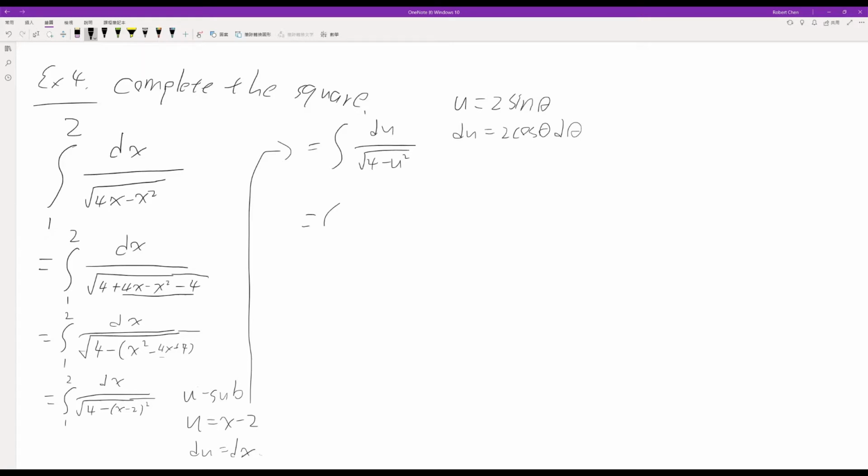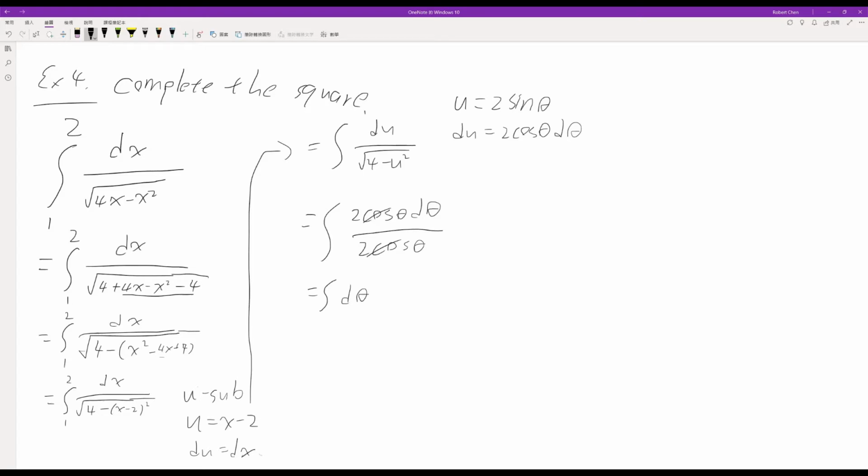Then we have 2 cosine theta d theta, and the denominator, the square root of 4 minus u squared, will be 2 cosine theta. You're going to see that everything crosses out, leaving you just d theta.